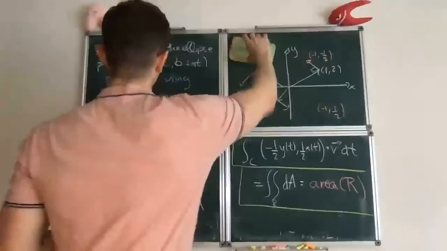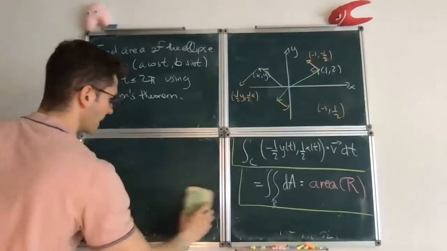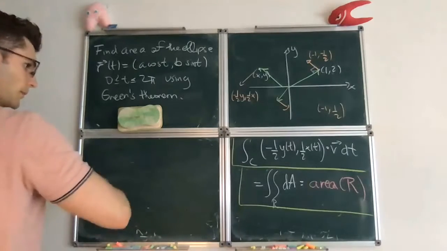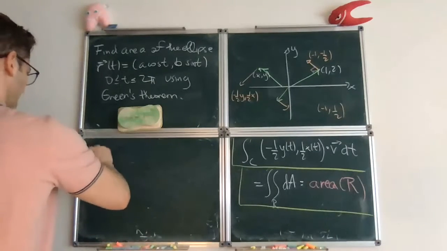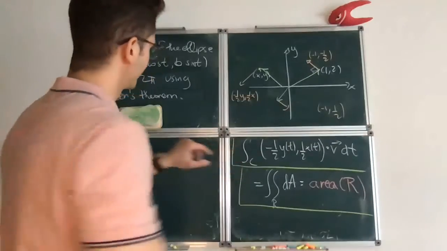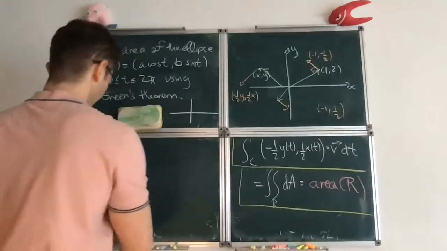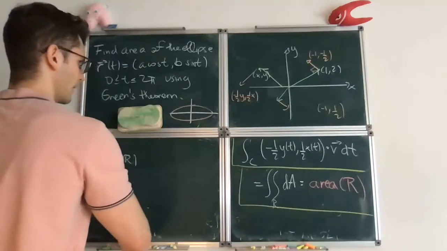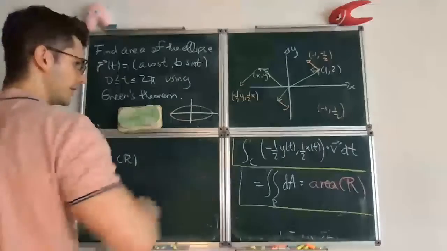And according to Green's theorem, the area is an integral over the ellipse. So here's the ellipse. The area would be the integral over this curve.